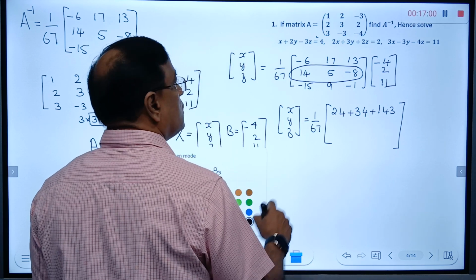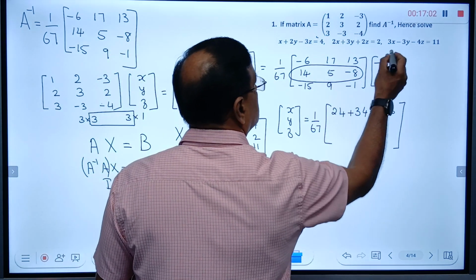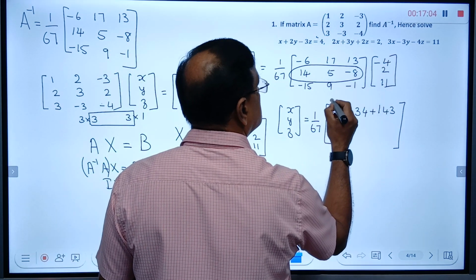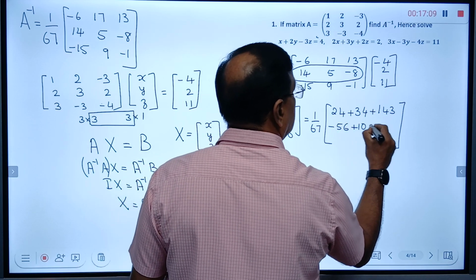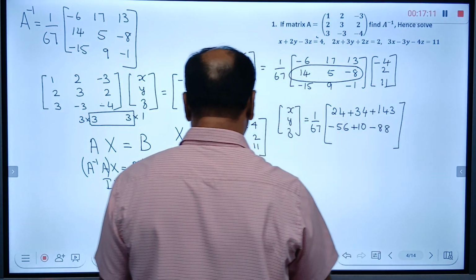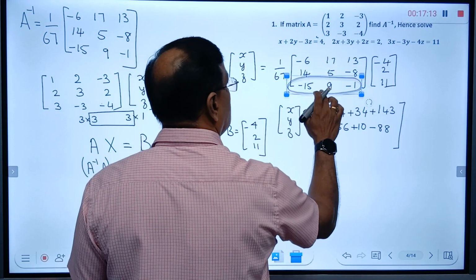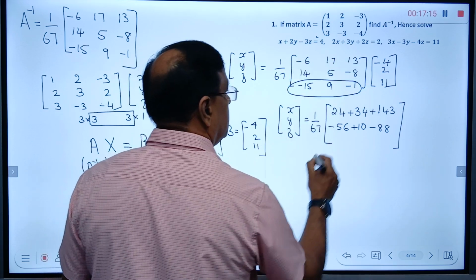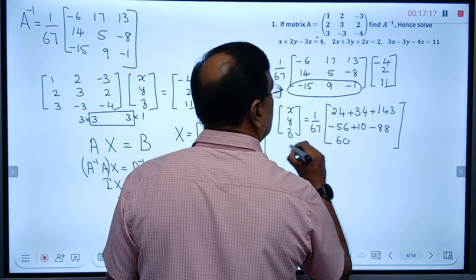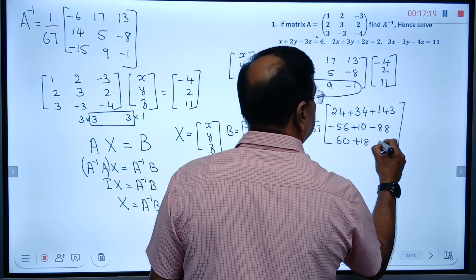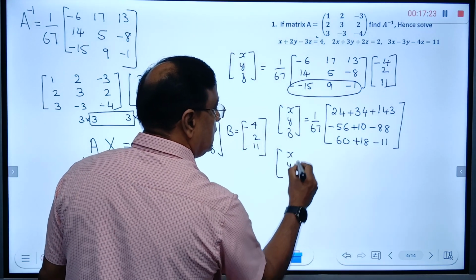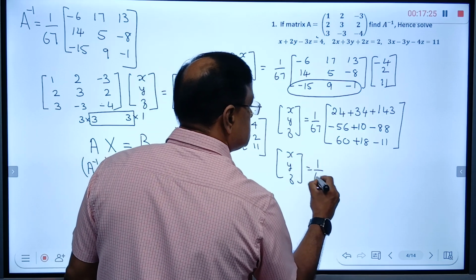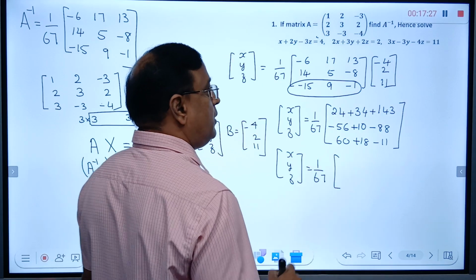The second row, first column will be, I think, minus 56 plus 10 minus 88. Now go to the third row, first column. What do you get? It is 60 plus 18 minus 11.